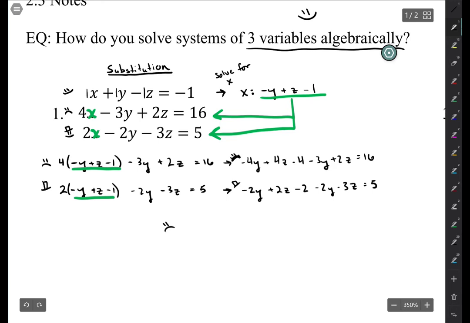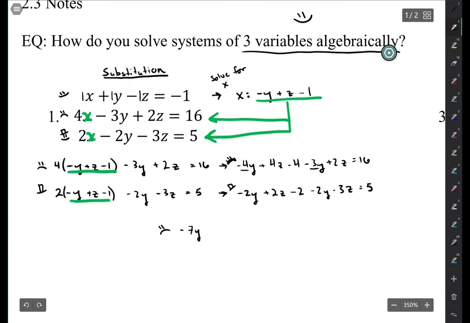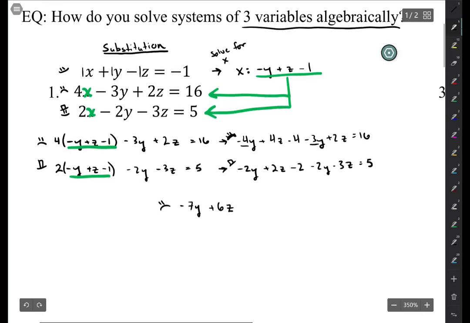Frowny face simplified. Let's combine our y's. So negative 7y plus 6z. And I'm going to go ahead and add the 4 to the other side.